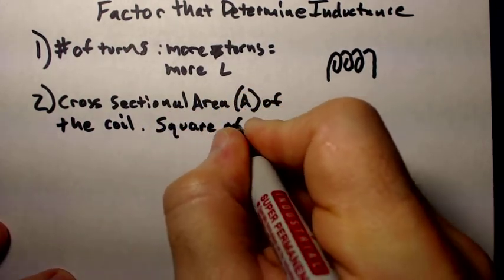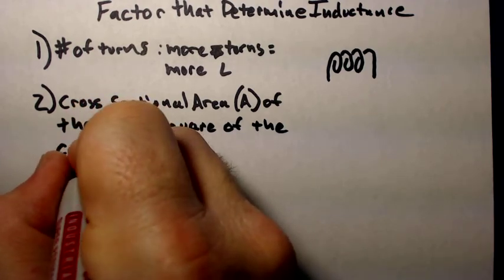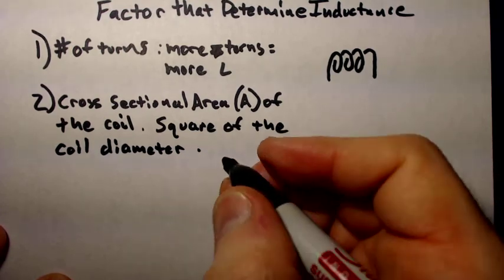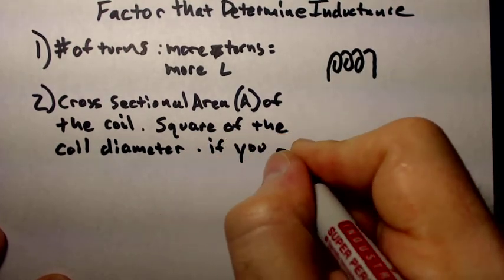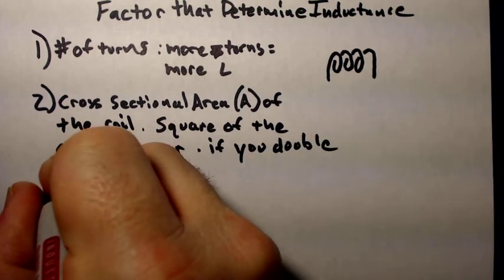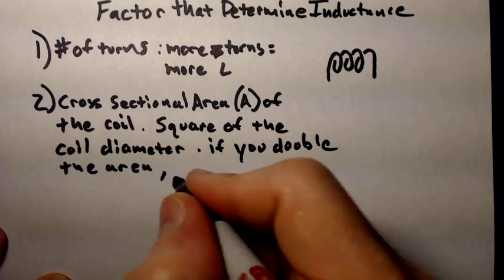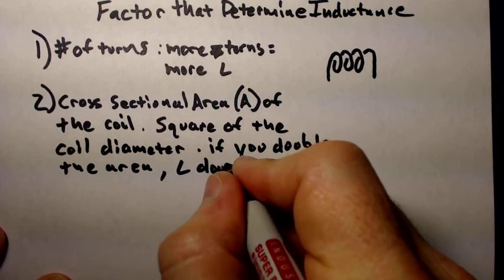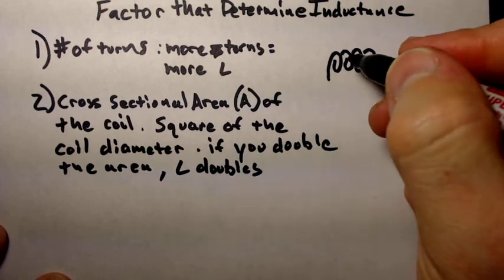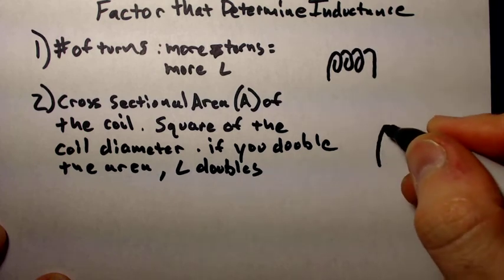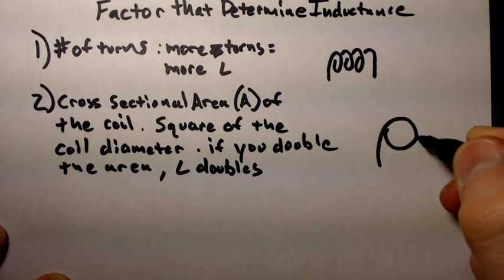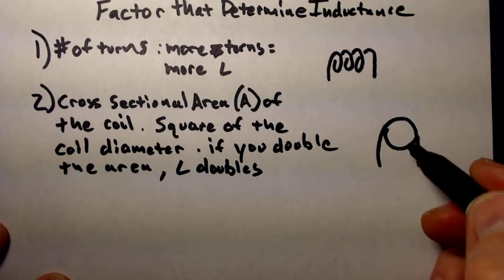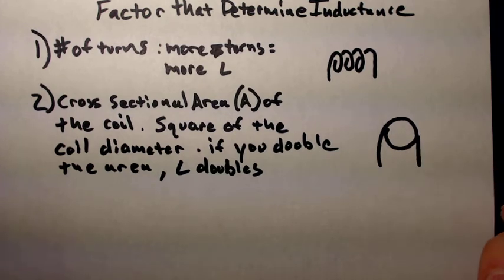Square of the coil diameter. So if you double the area, the amount of inductance doubles. Okay? So each one of these coils from the side looks kind of like this. So if you double the amount of area, you double the amount of inductance.